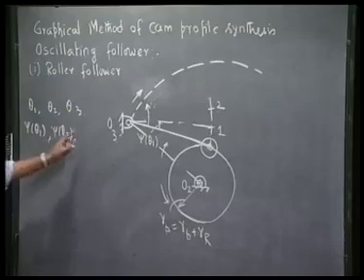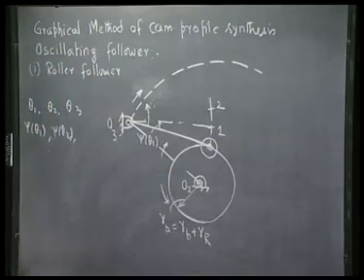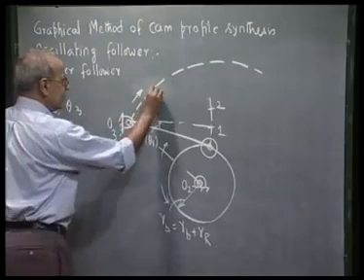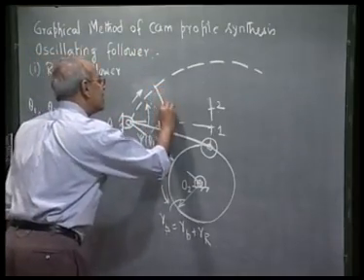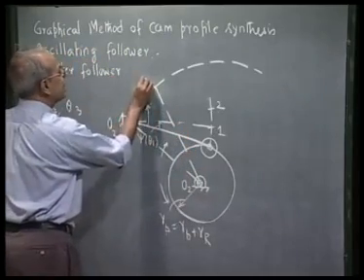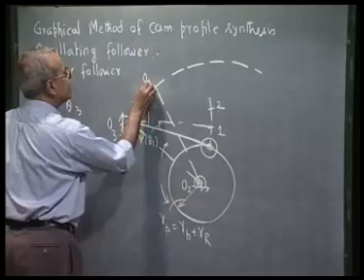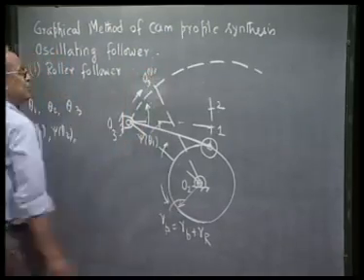When the cam has rotated theta 1 in the counterclockwise direction, this fixed link will rotate in the clockwise direction by an angle theta 1. So, this I can say is O3 corresponding to 1 in the inverted position.